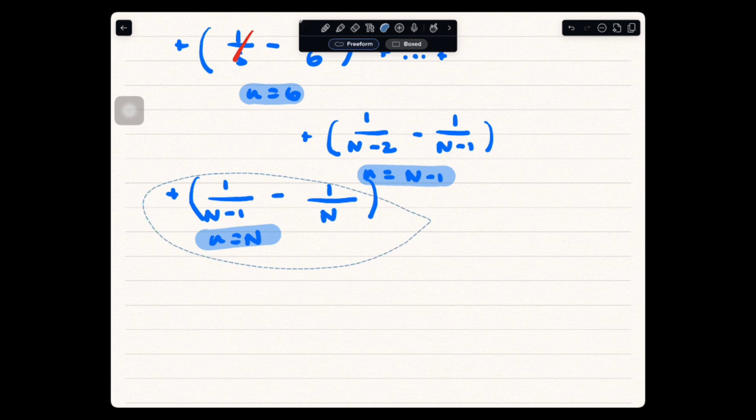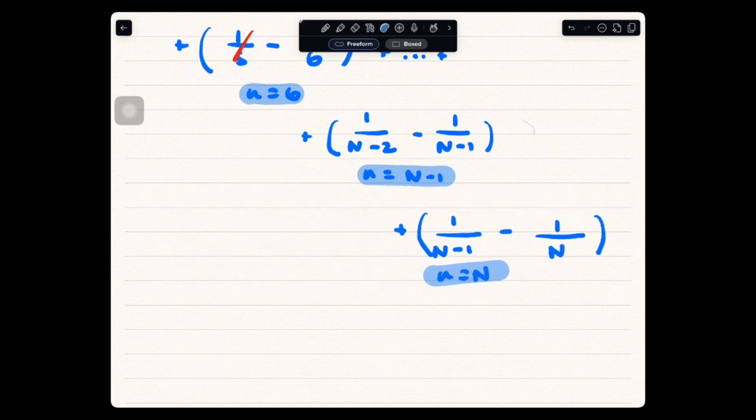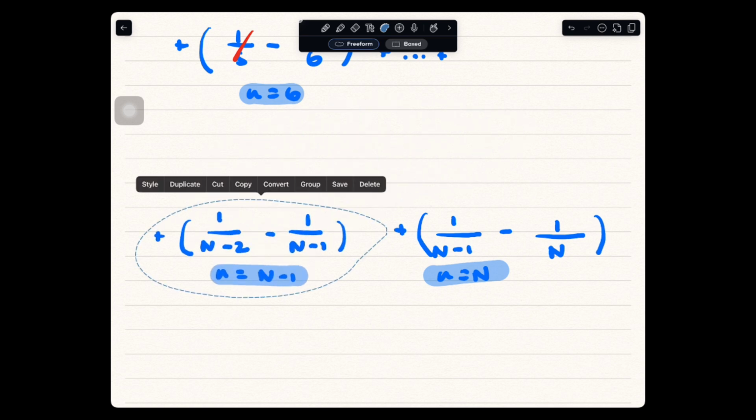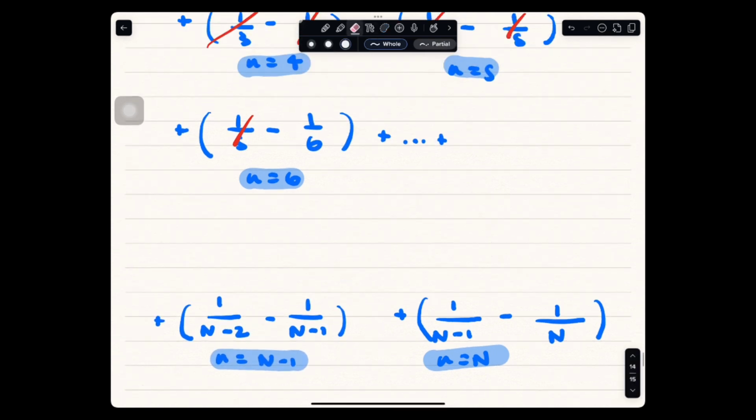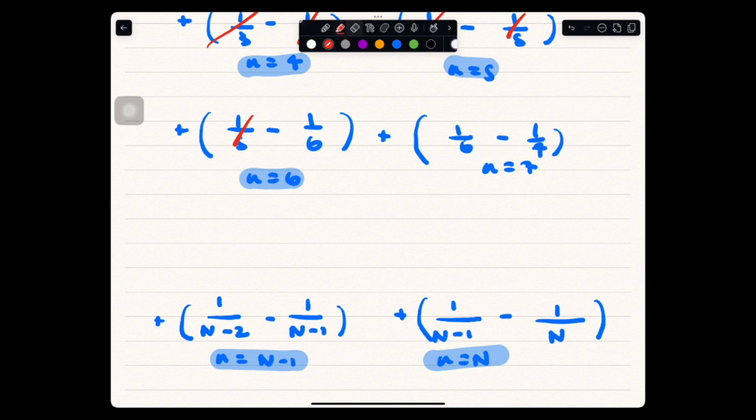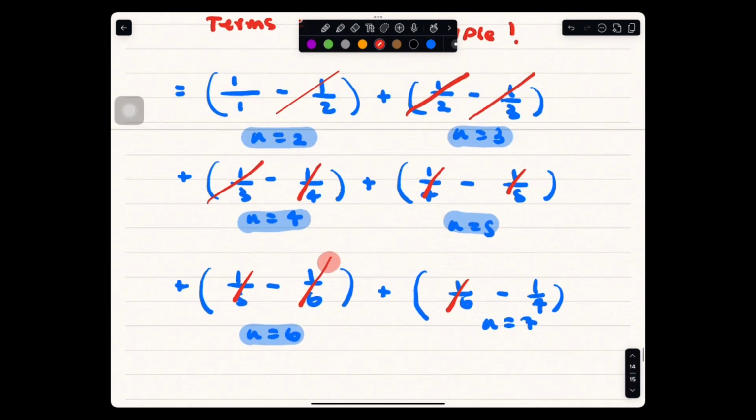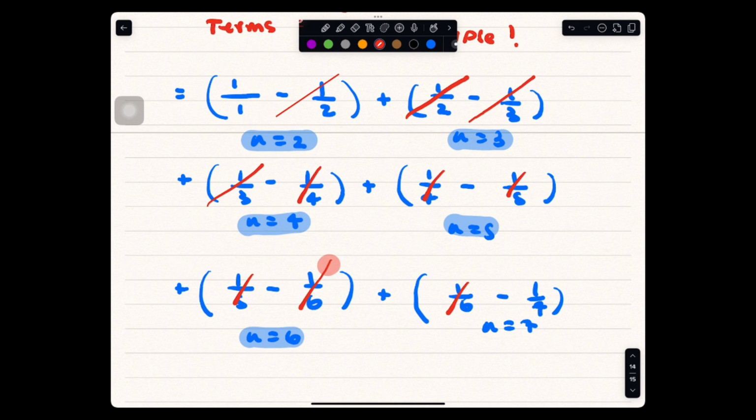Let me move that here. I'll do one more. n is 7, so that becomes 1/6 minus 1/7. What do we see happening? Some more of this collapsing phenomenon. So what's the pattern here?